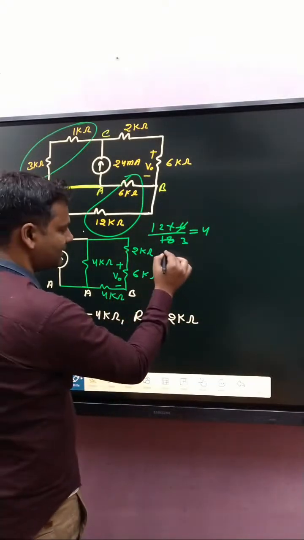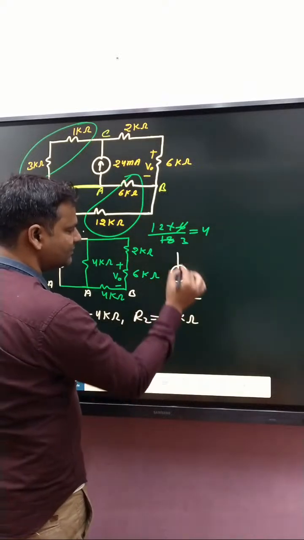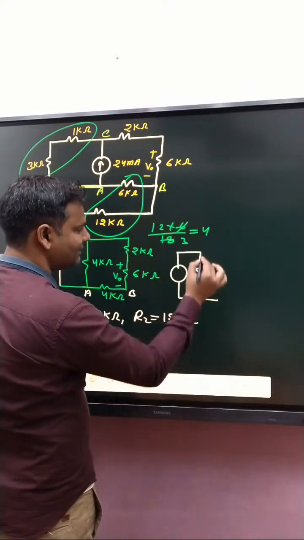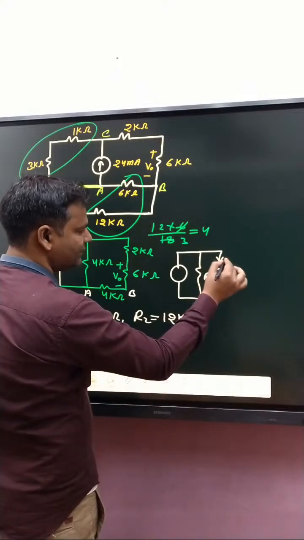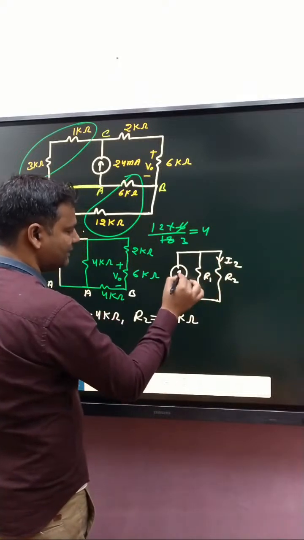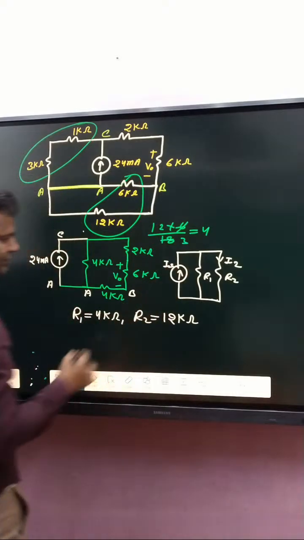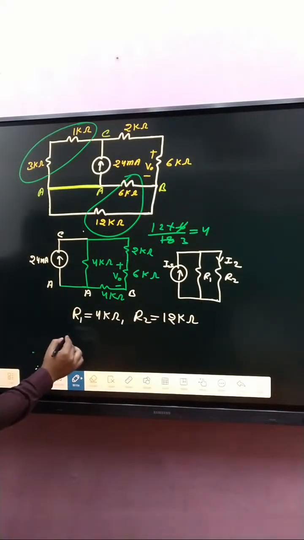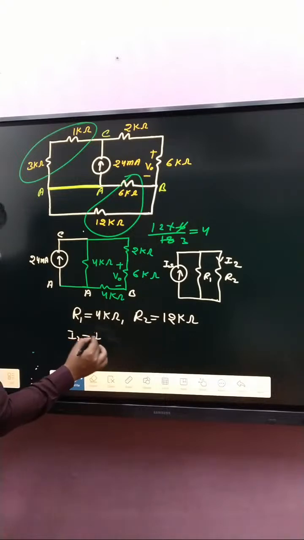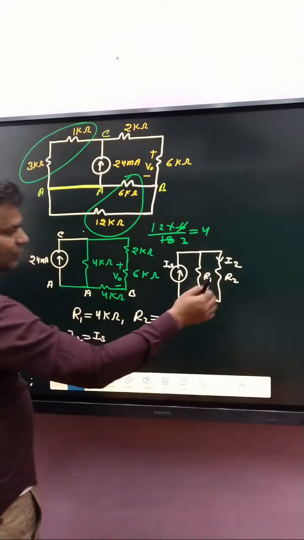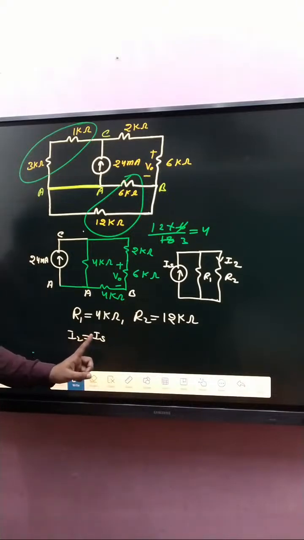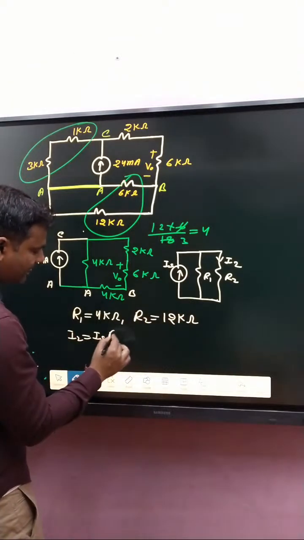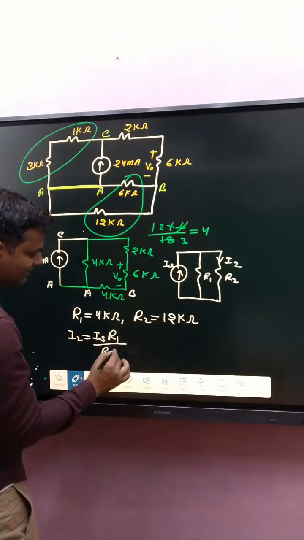If you apply here the current division rule, here R1, here R2, if you determine I2 current and here IS. So what about I2? I2 is basically written IS into, if both current directions are opposite, so that's why positive. If you apply the current division rule, IS into R1 divided by R1 plus R2.